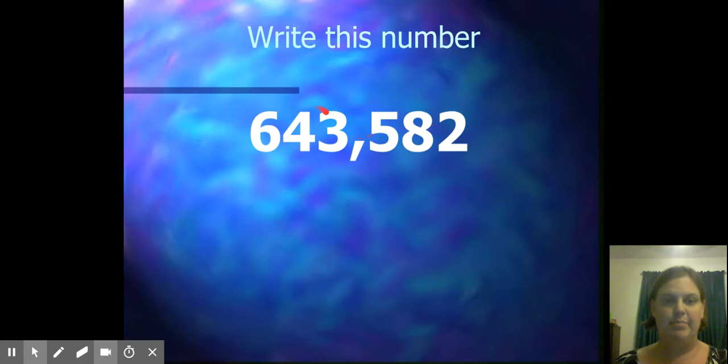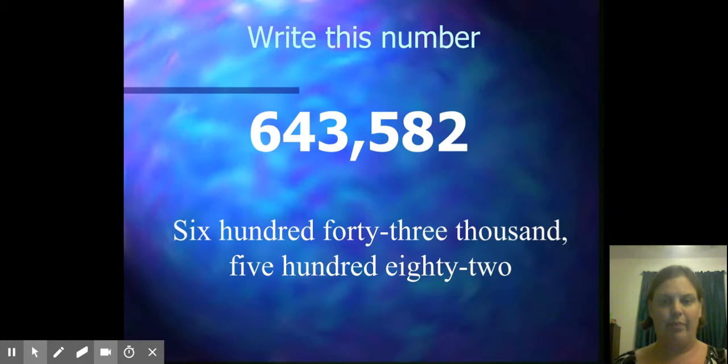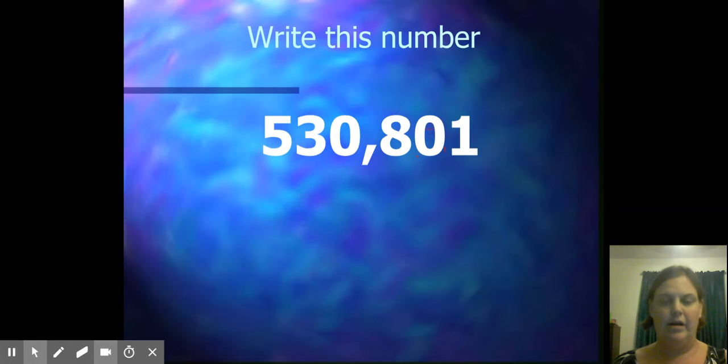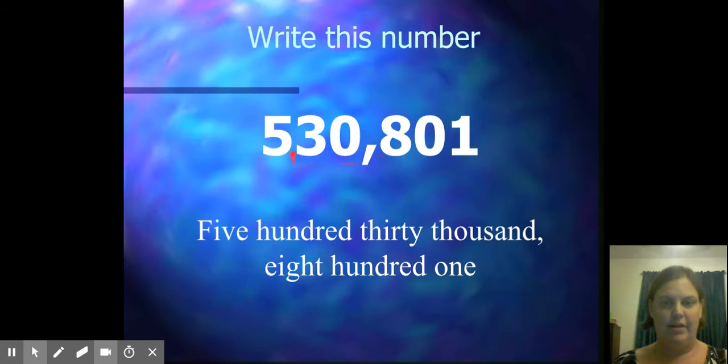We say this period, this thousands period, as 643,000, so I will write that. 582. 530,801. I think that's my last example. Let me check. And if it's not, we're going to skip the next one. So please take a moment and get that down.